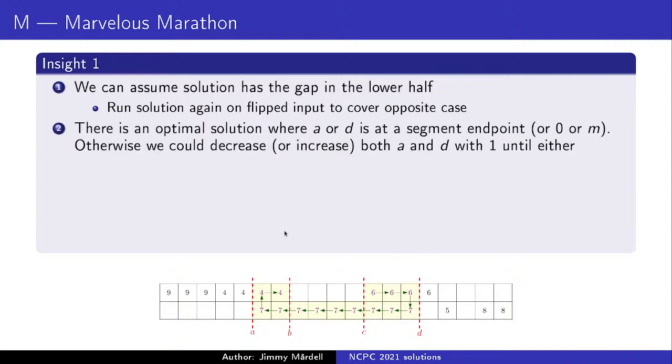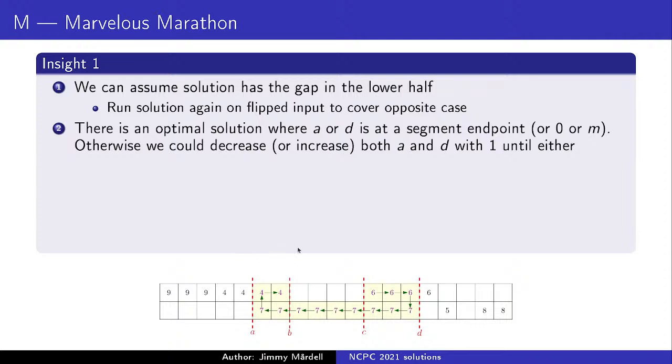And now there is an optimal solution where either of these two extreme points A and D is at some segment endpoint, or at 0 or M. Because if there wasn't, we could move things around. We could move A and D to the left in tandem, or to the right in tandem.